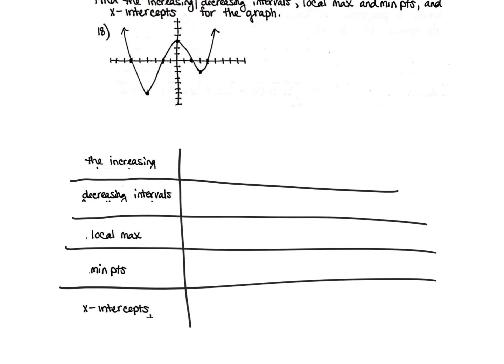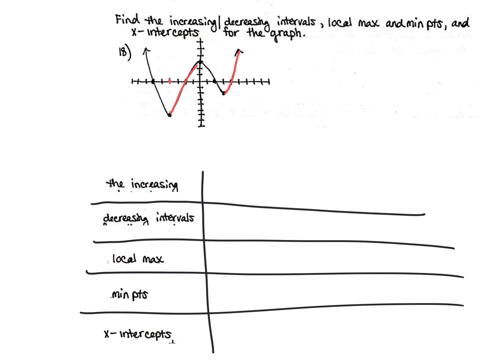Where's this increasing? Well, it's increasing over the red sections. It seems like it goes from there to there, and then from there. So that's negative one, two, three, four. So it goes from -4 to 0, increasing, right? Union symbol, and then it goes from one, two, three.